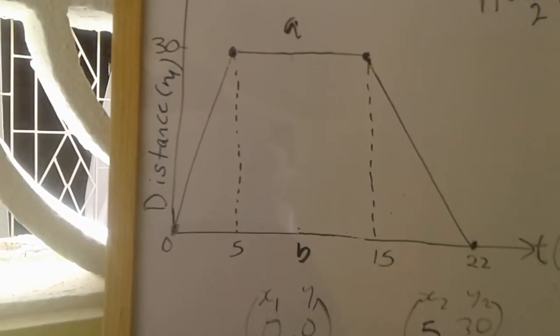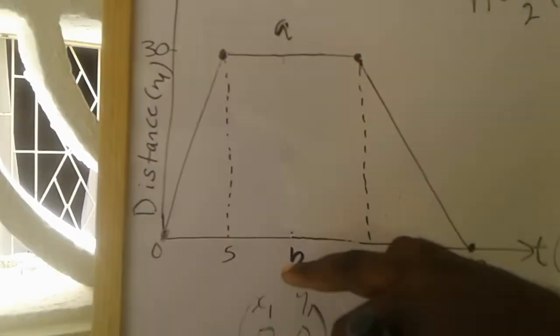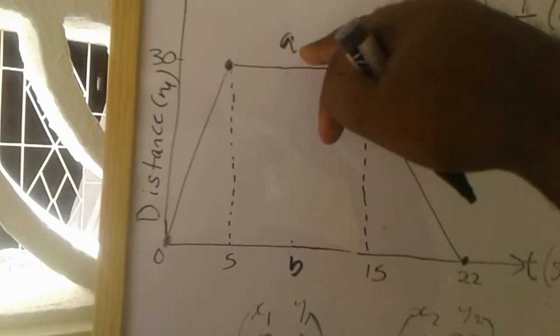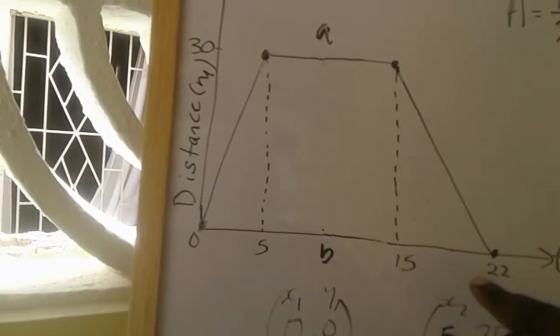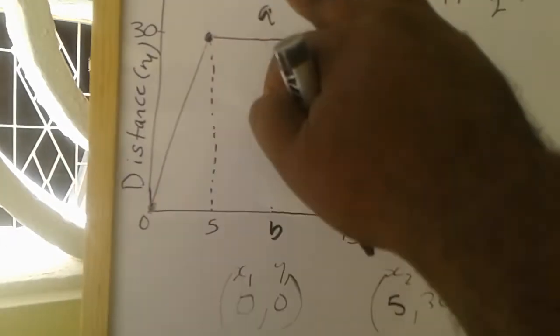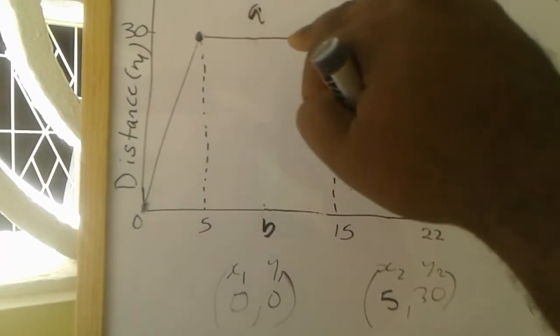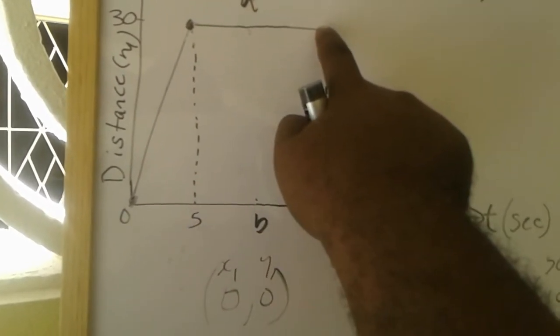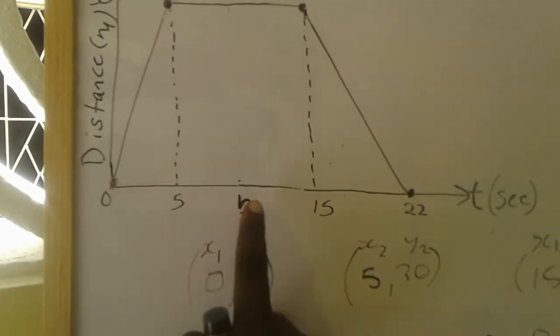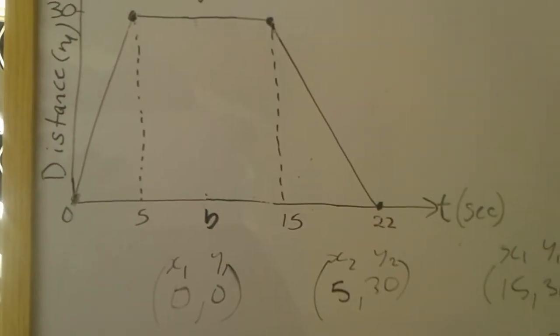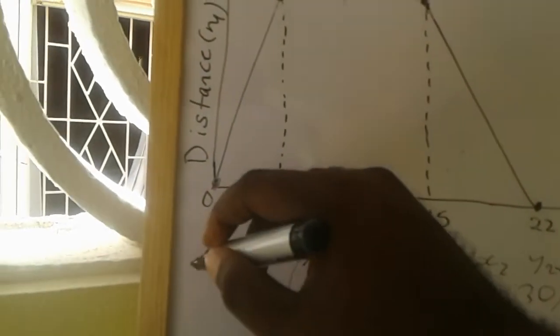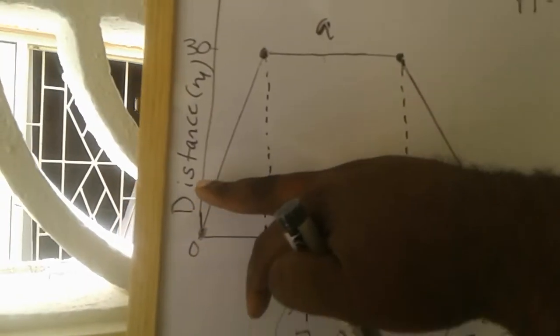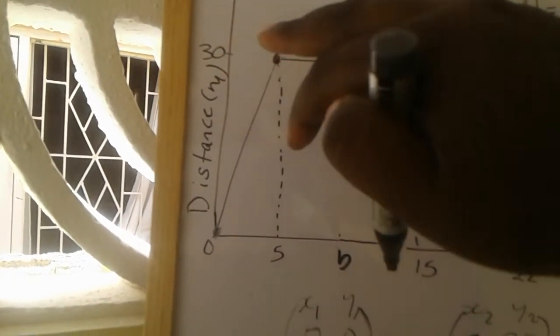We know that these are the parallel sides, so we'll call the one up here A and the one down here B. All of this distance is A, all of this distance is B. The height is the value on the y-axis, which is 30.